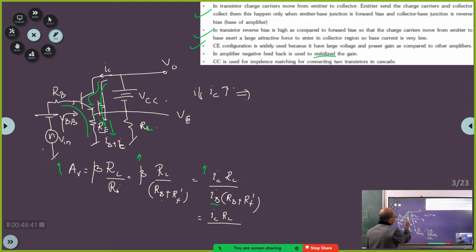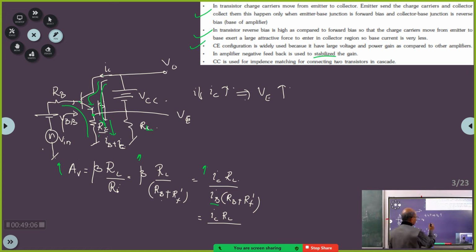IC increases, then VE will also increase. Correct? The drop here, VE, is what? This current into RE, IC into RE. Hello? IC into RE will also increase. Yes or no?